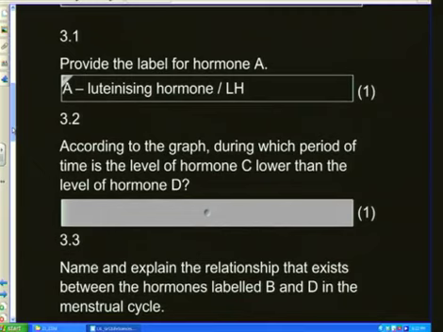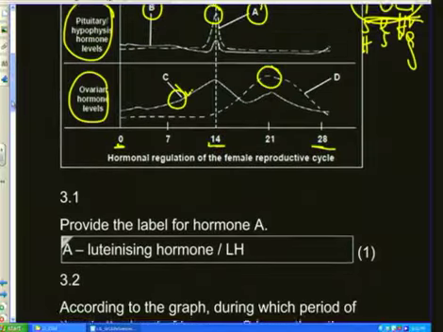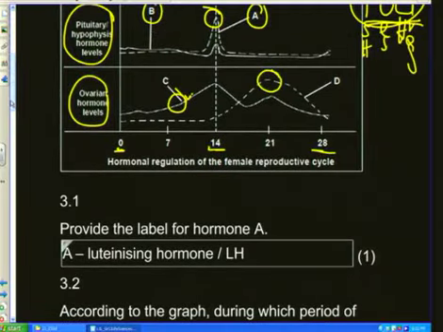According to the graph, during which period of time is the level of hormone C lower than that of hormone D? When is hormone C lower than D? If we look at this whole period from 0 to 14, C is higher. You do agree, I'm hoping?